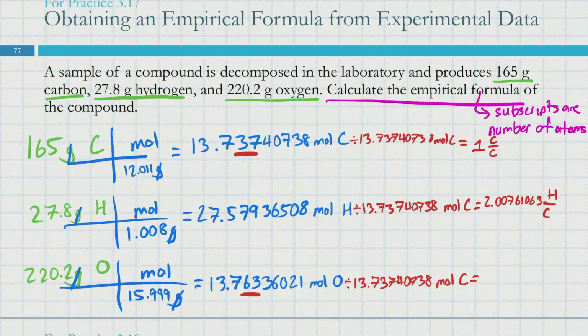So for every carbon we've got about 2 hydrogens. And for our bottom one, our oxygens, 1.001889209 oxygens for every 1 carbon.